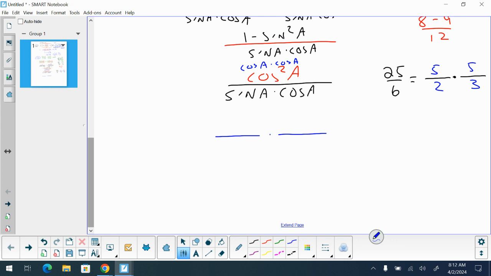Just like we went 25 is 5 times 5, and 6 was 2 times 3. How can you rewrite cosine squared over sine times cosine as fractions?